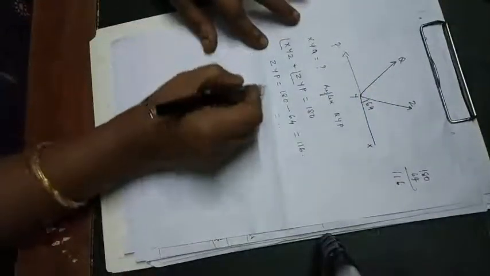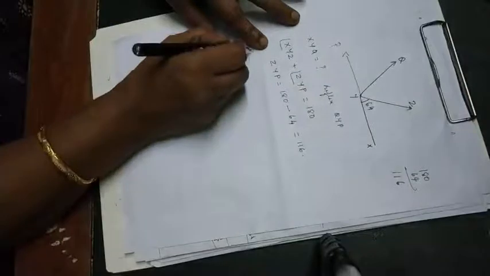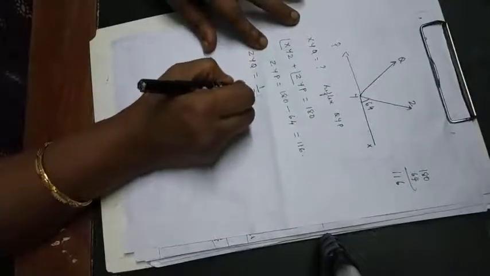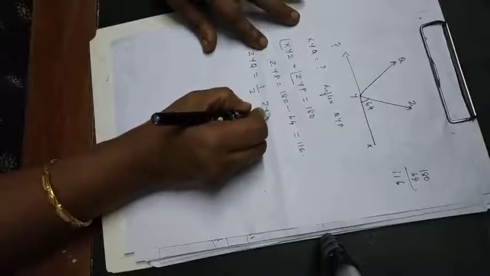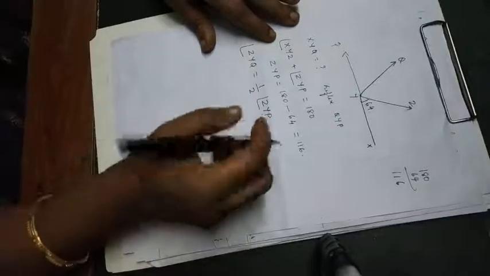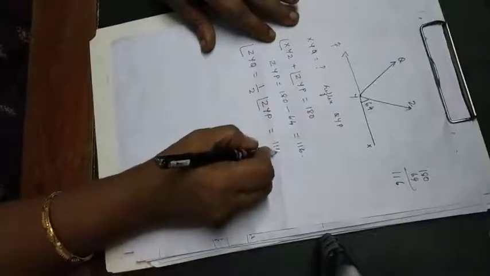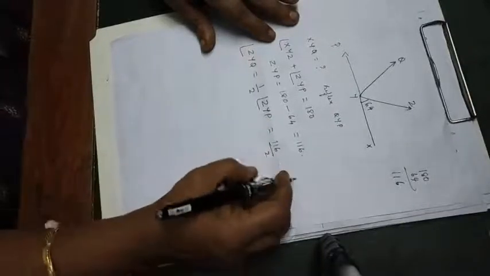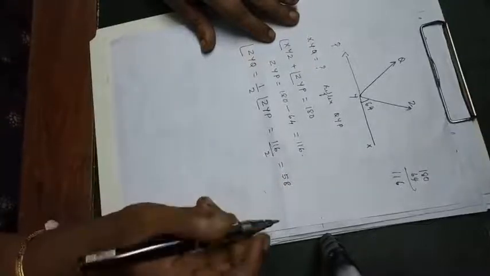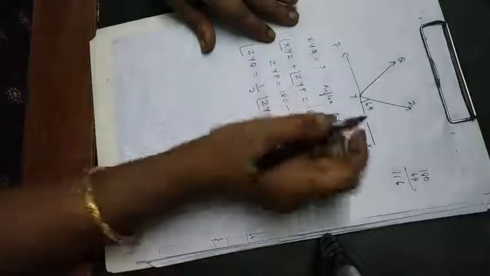So ZYQ will be equal to half of ZYP. Bisects means divide it into two equal parts, so that is 116 divided by 2, so 58 you will get.